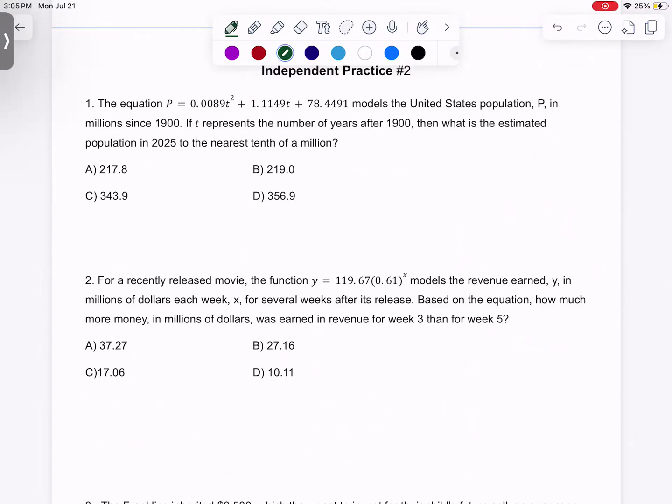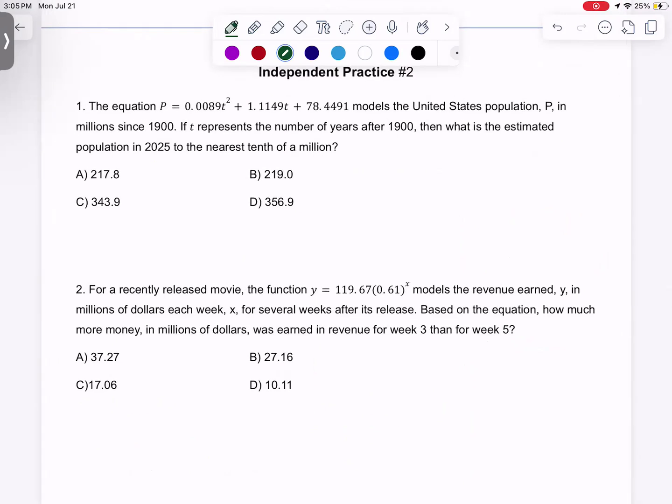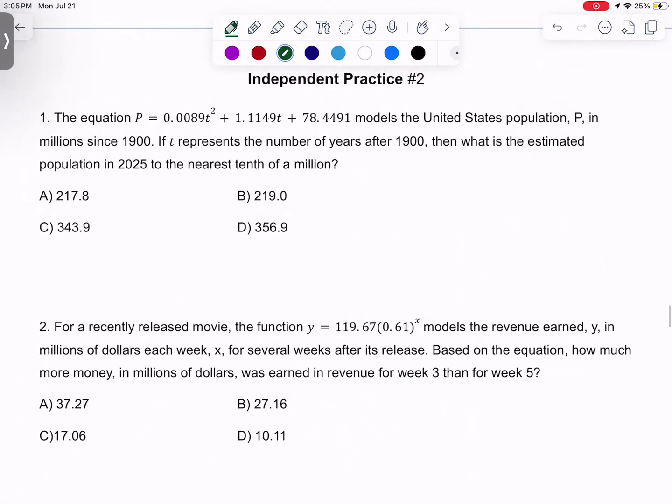Okay, let's go through the second round of independent practice. The first question involved substitution. Here we're given an expression that has an exponent, but we haven't really seen this since day 1, where we were evaluating functions. They want me to figure out the population P in the year 2025.